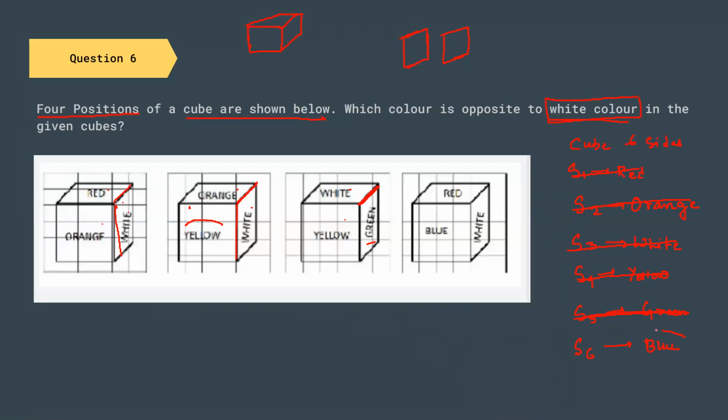So whatever we are left with, blue. And in this last diagram, actually everyone is sharing an edge.